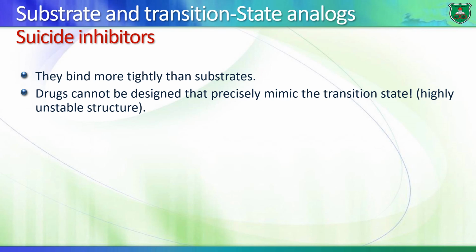Now you also have inhibitors known as transition state analogs or substrate analogs. These are known as suicide inhibitors, because these bind to the enzyme. The enzyme thinks that this is a substrate that it can do a reaction with. It starts the reaction and then it gets stuck.